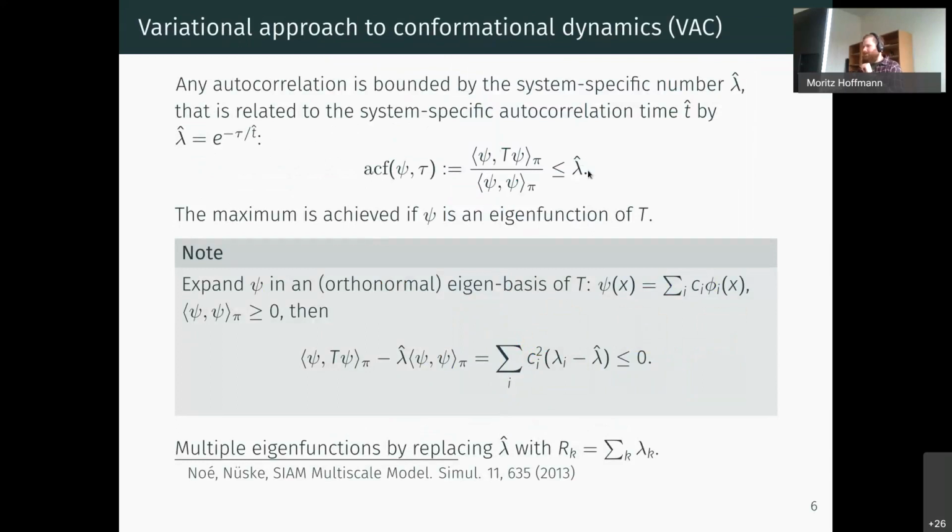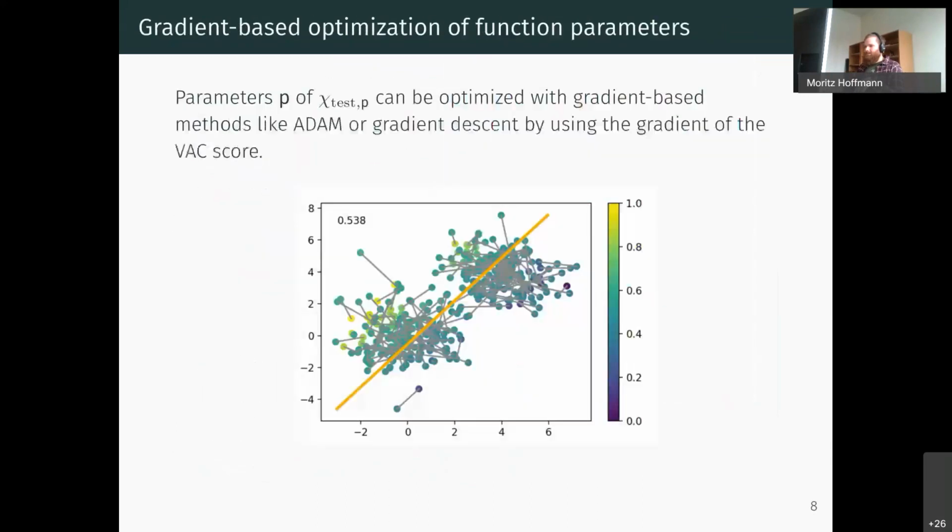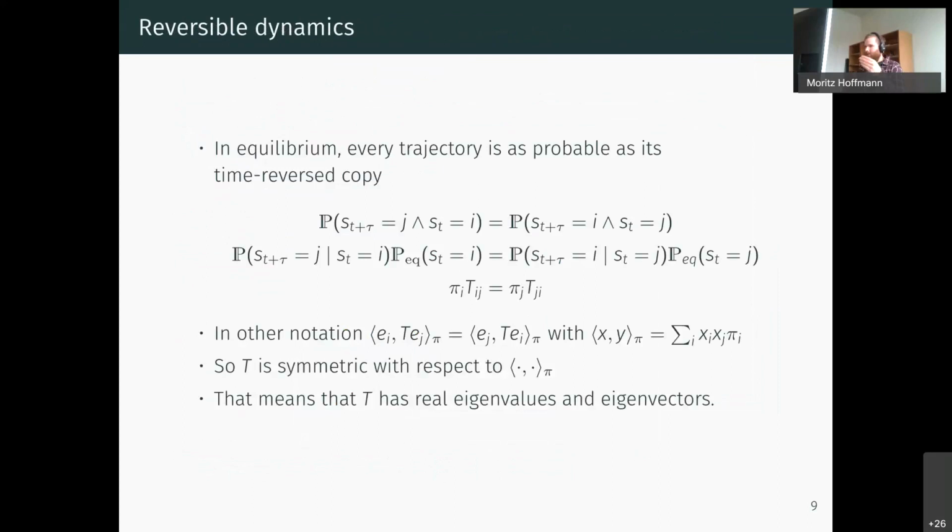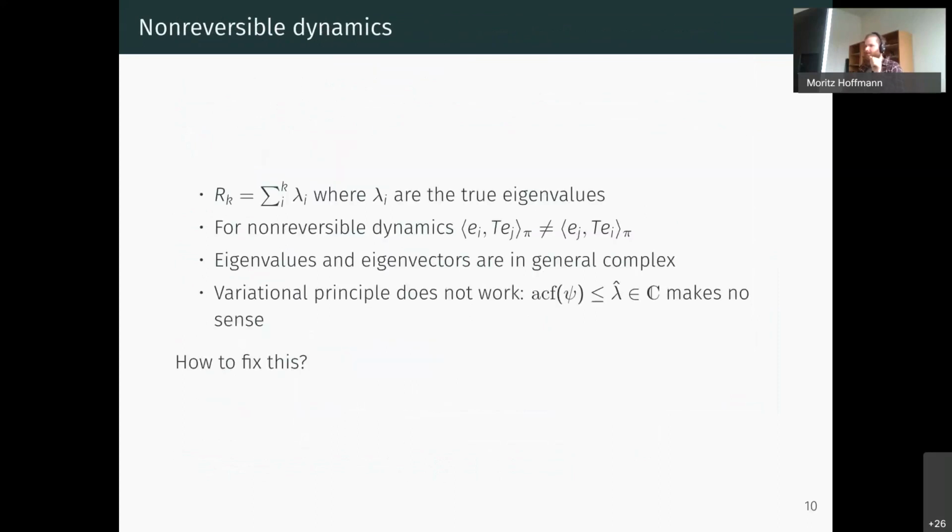This only makes sense if the eigenvalue is real. If it is complex, then we don't have an order, right? We cannot really order complex numbers.